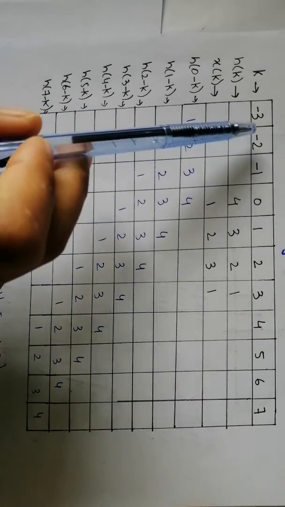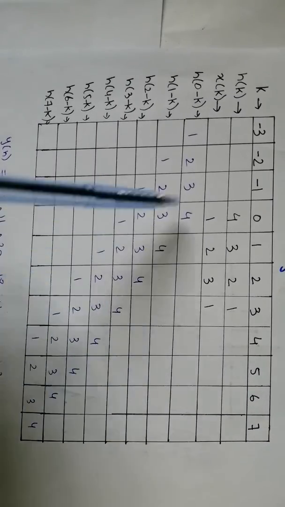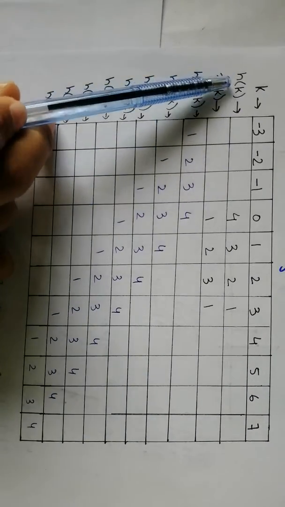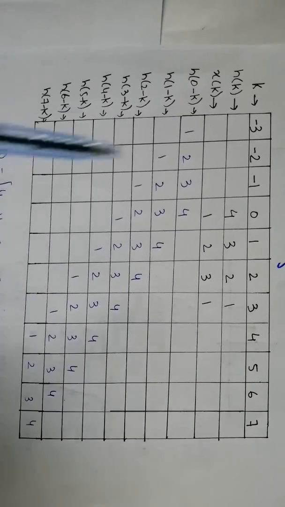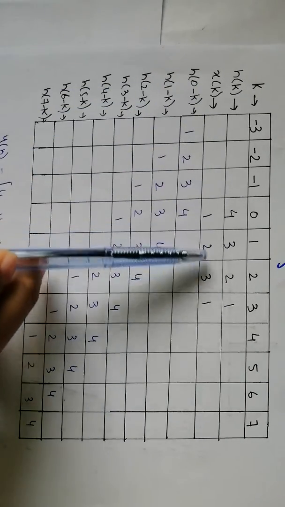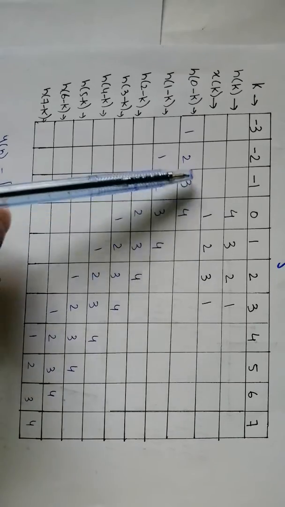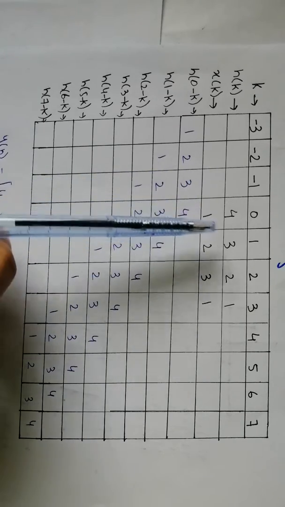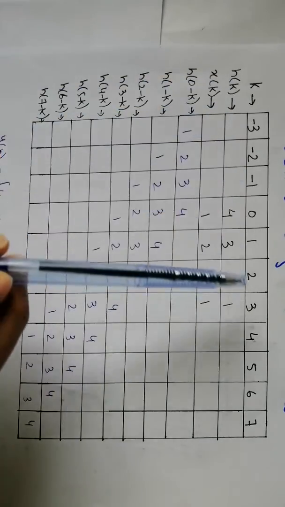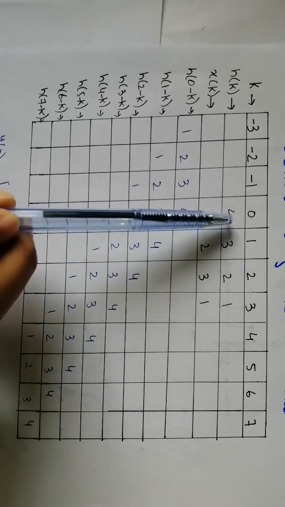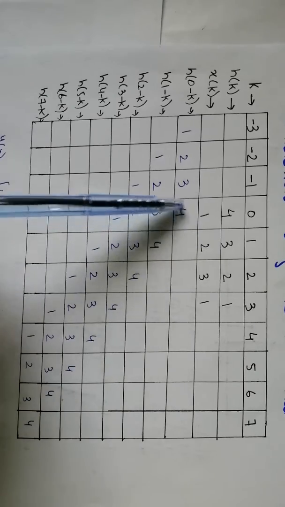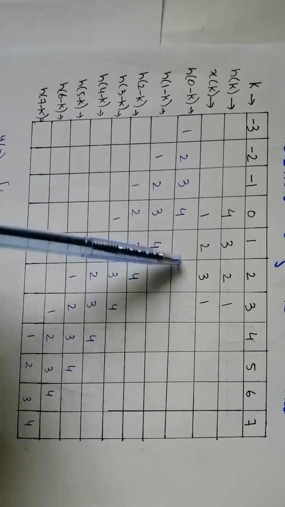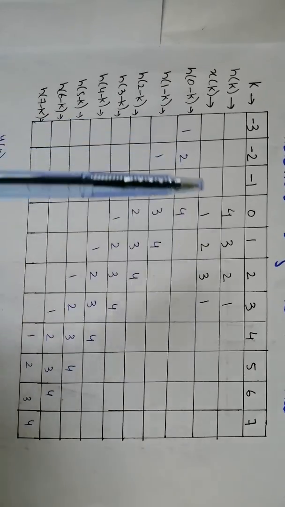Here I wrote some indexes, and h of k is 1 2 3 4, x of k is 1 2 3 1, and we have to do convolution, so we'll flip the values of h of k. When we flip this, the 0th value will remain under 0, and the positive values will be flipped to the negative side.